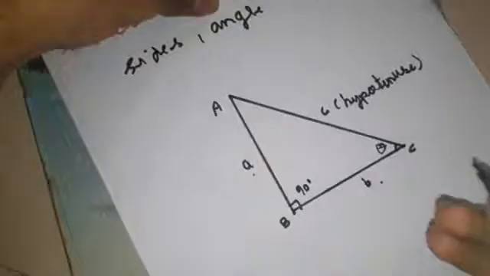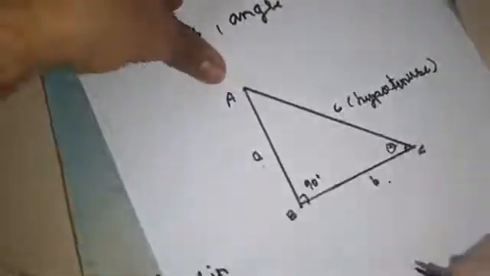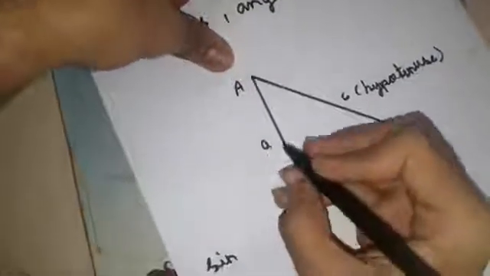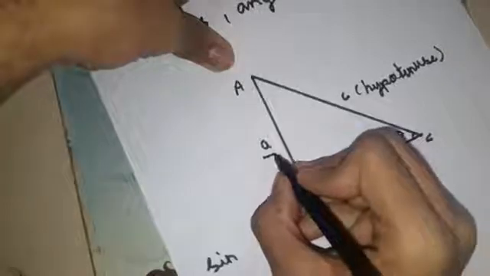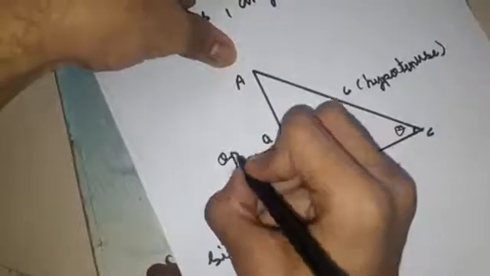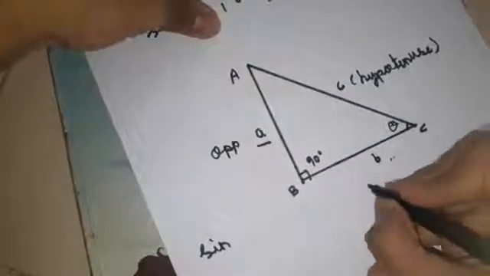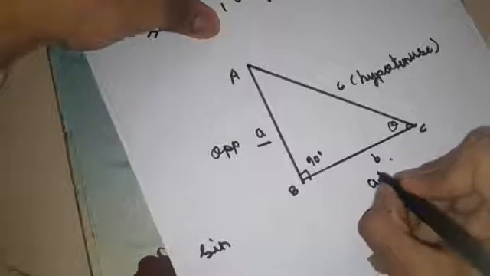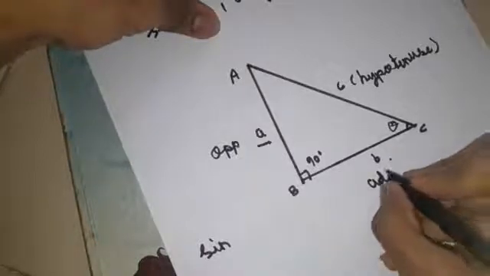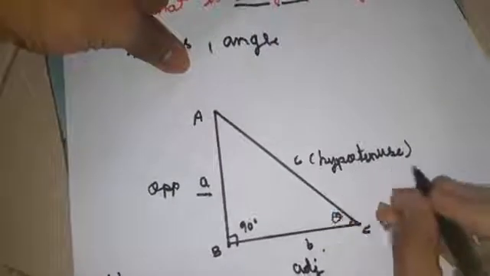The side opposite this angle is side AB, which is of length small a. So this is the opposite side, which I will write as OPP. The remaining side is the adjacent side, which I will write as ADJ, and this is the hypotenuse. It never changes. Remember.